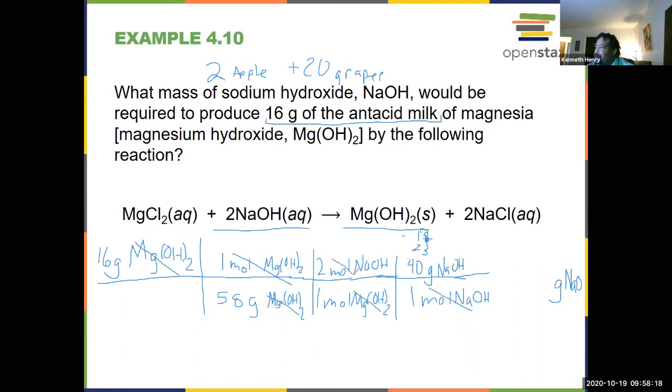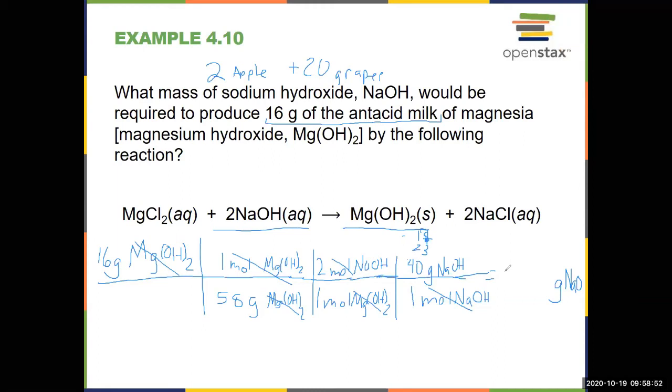Okay. So we are left with, how many sig figs? 2.